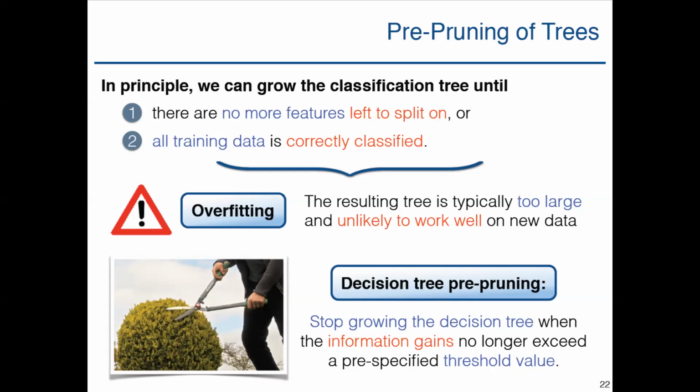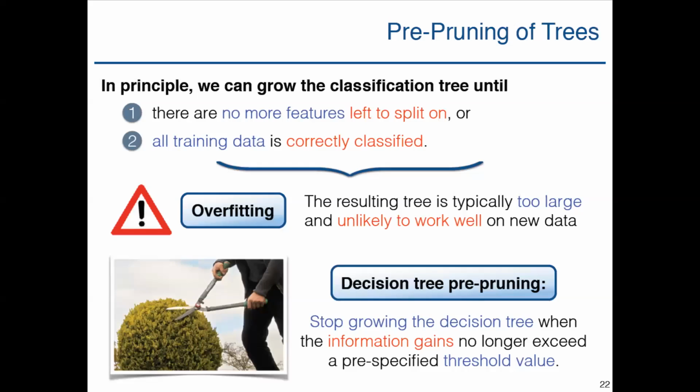But in practice, pre-pruning does not work very well, and the problem with that is कि जब आप pre-prune कर रहे होते हैं ना, there are a lot of cases where, when you have a large number of variables, a poor split at some point, poor split means कि किसी node को जब आप split करें उसका information gain बहुत कम हो, that's called a poor split.